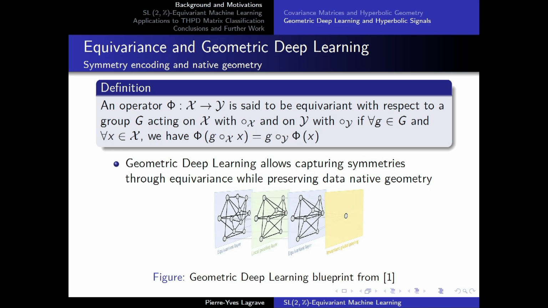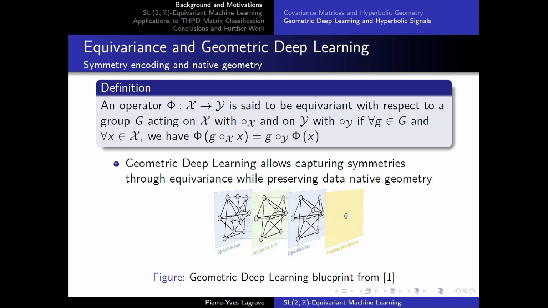If you look at the literature, there is a very active field of research called geometric deep learning, which aims at doing many things, and one of them is encoding the symmetry of your problem and of the data into the design of the machine learning algorithm, while also trying to work in the native geometry of the data. So you want to encode the symmetry and also represent the data in a way that is really meaningful.